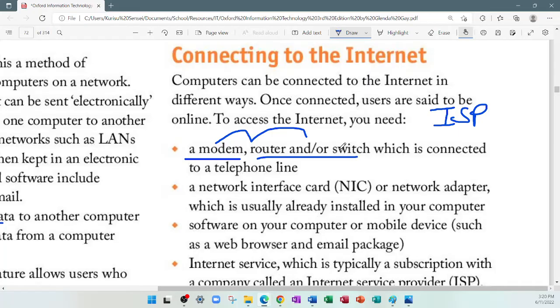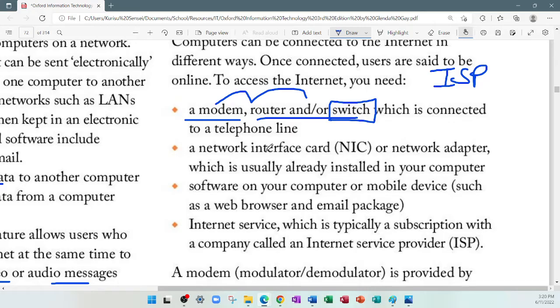So if you ever see that you have one device basically in your home, that's basically all three of them working as one: the modem, the router, and the switch. If you see your router having multiple ports at the back, that basically means it has a switch functionality built into the router. So these three devices are needed.